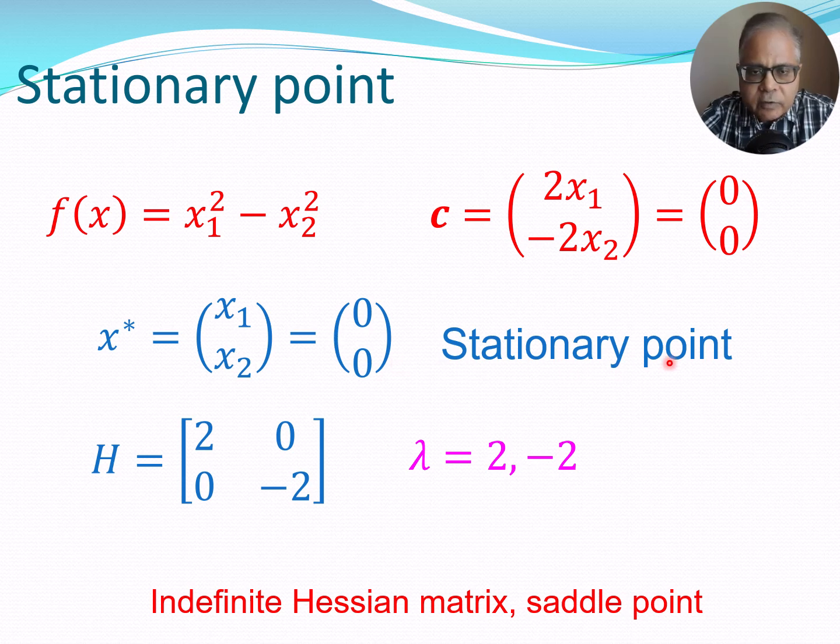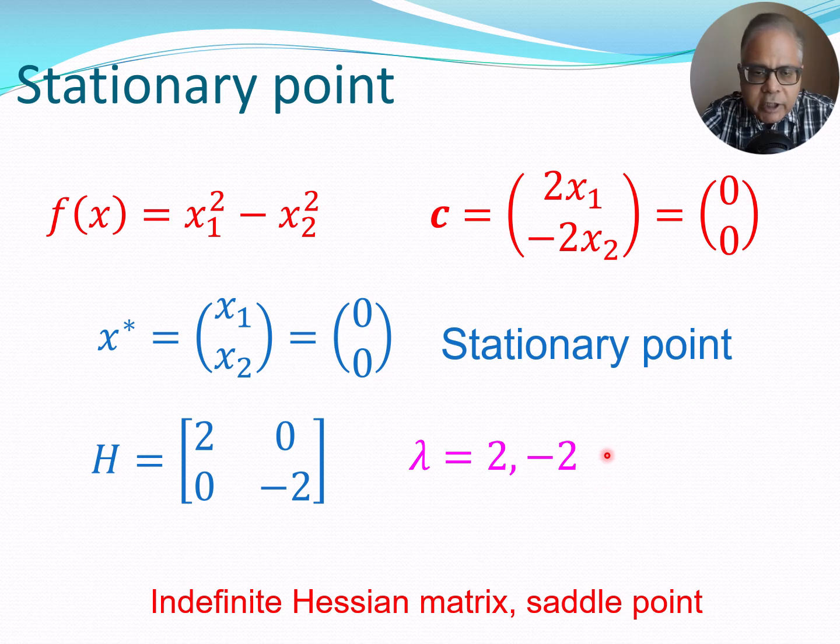Now this of course tells us that the stationary point is given here, but whether this is a minimum point, a maximum point, or a saddle point can be figured out by looking at the Hessian matrix, which is the second derivative matrix. And for this function we can again differentiate these values here, and so we get H as 2, 0, 0, minus 2, which means that the eigenvalues of H are given by 2 and minus 2 here.